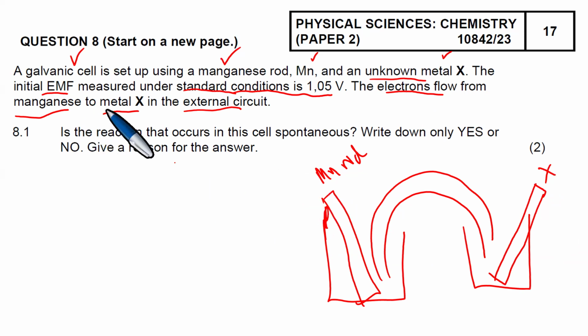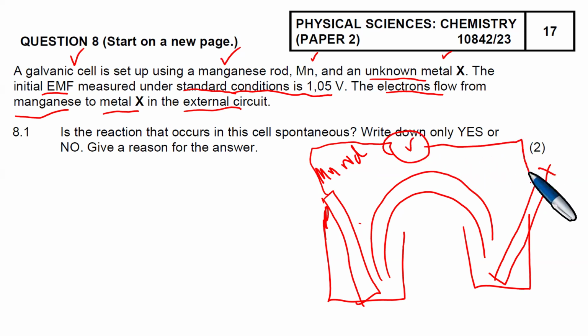The initial EMF, so obviously we are able to determine the EMF here. You can put a voltmeter here, then we're able to measure the EMF, the electromotive force, as determined by connecting the voltmeter to the two rods.